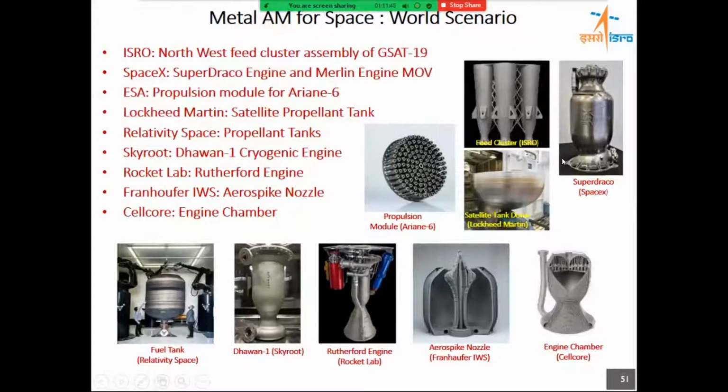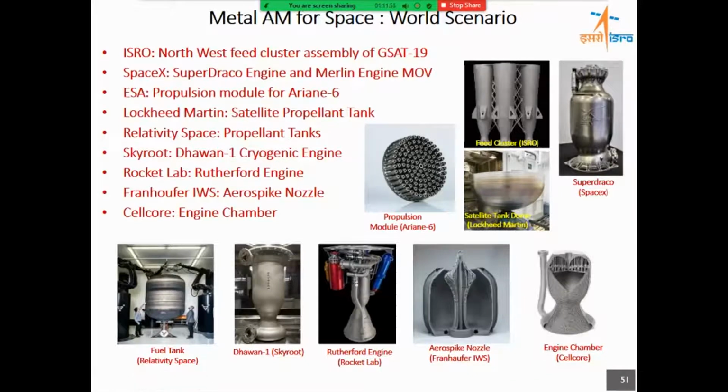So what is the world scenario in metal additive manufacturing for space? Yes, we do have several applications wherein 3D printed components have been put into use. These are a few examples shown here. SpaceX has already done the Super Draco engine and the Merlin engine main oxidizer valve, and this ESA propulsion module for the Ariane 6.